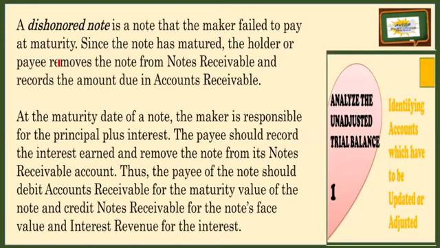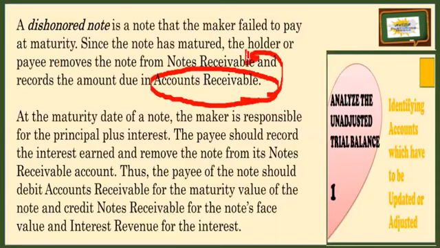Since the note has matured, the holder or payee removes the note from notes receivable and records the amount due in accounts receivable. It will be reverted back to accounts receivable. From accounts receivable, it becomes notes receivable. But because the payer was not able to pay the notes receivable, it becomes an accounts receivable again.